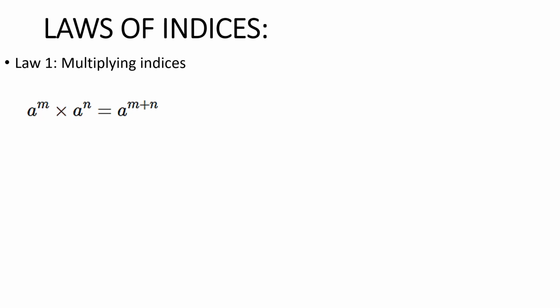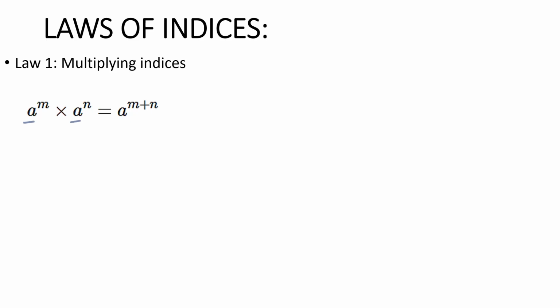It will be equal to a to the power, and you will just add the powers, m plus n. But the basic need here is that you should have the same base. This a is known as the base, and these powers are known as the index. So the base should be the same. If the base is the same, you can write the base one time and you will add the powers.